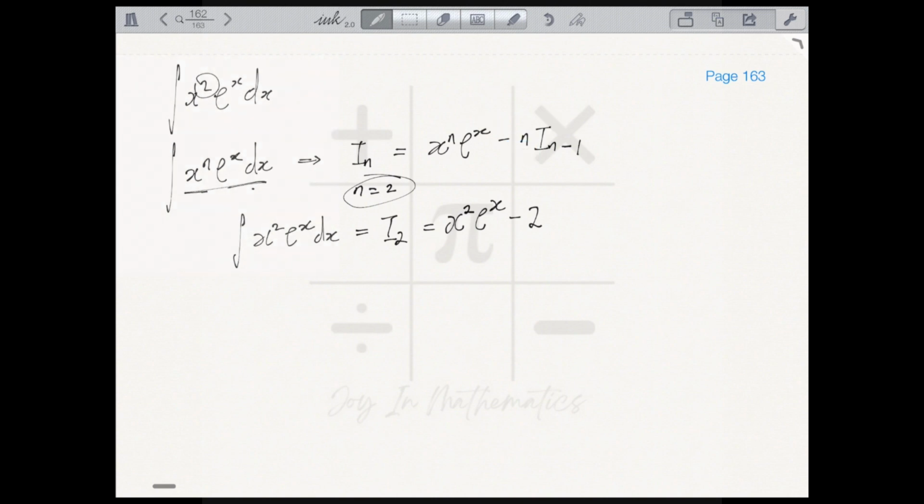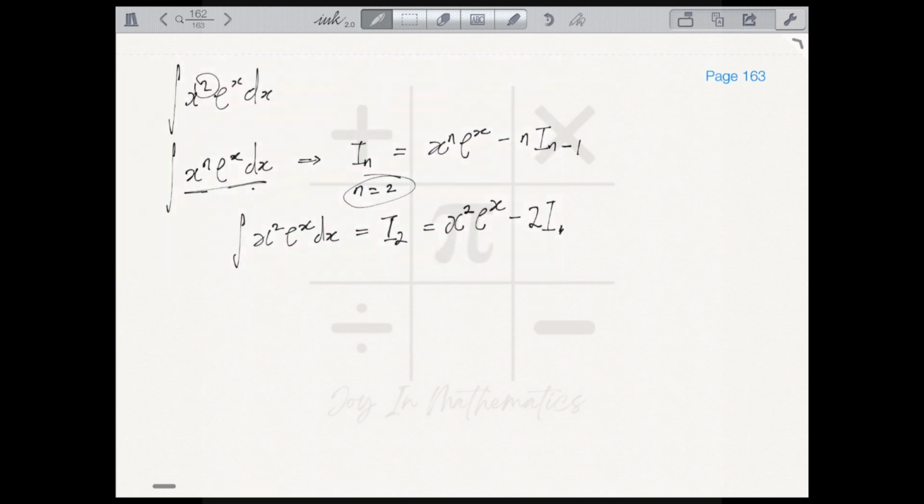Wherever we see n, we substitute 2, and 2 minus 1 is the same thing as what? 1. So we have reduced the problem to just evaluating I2.